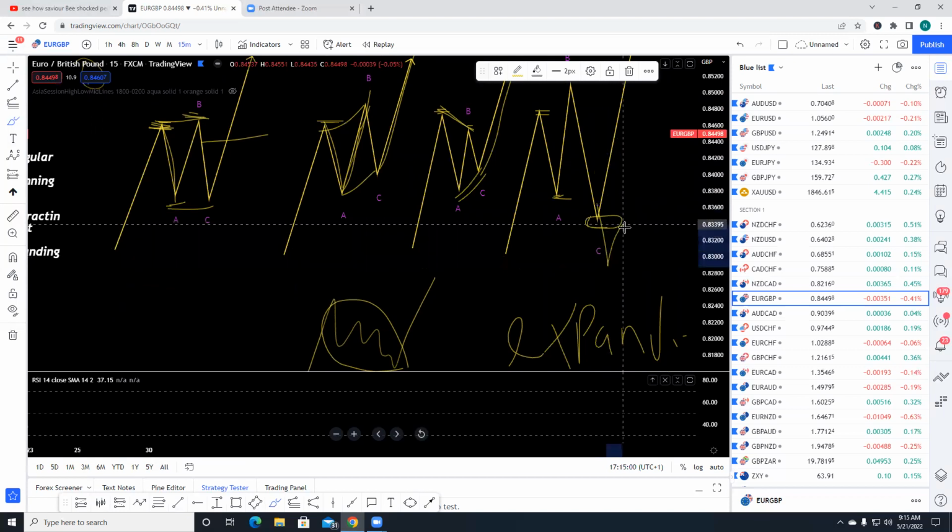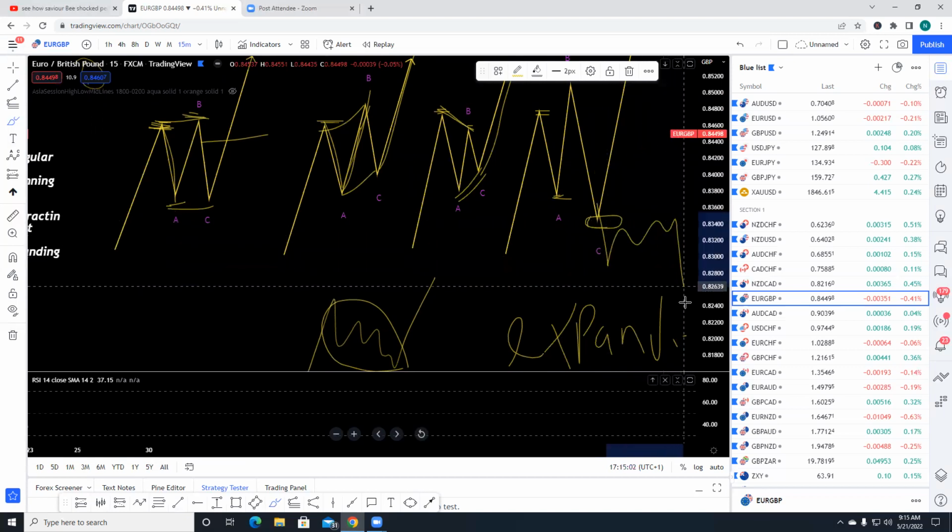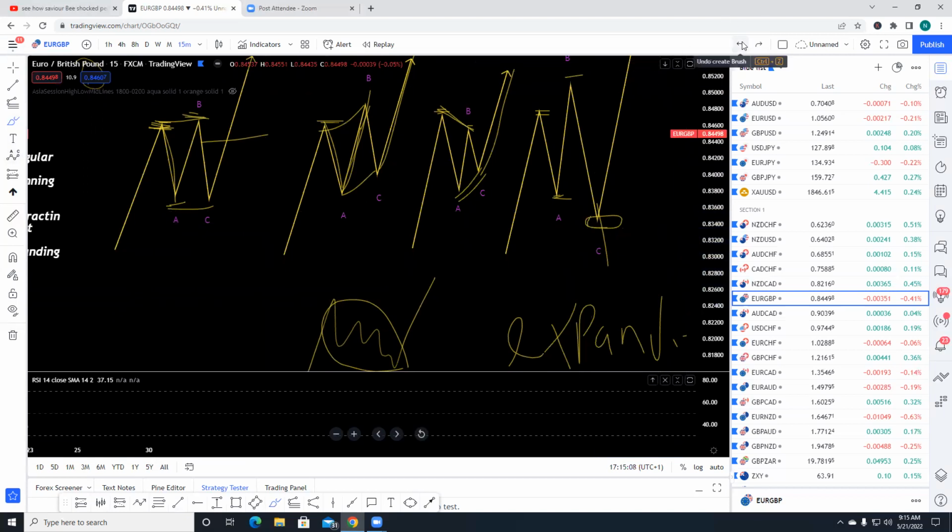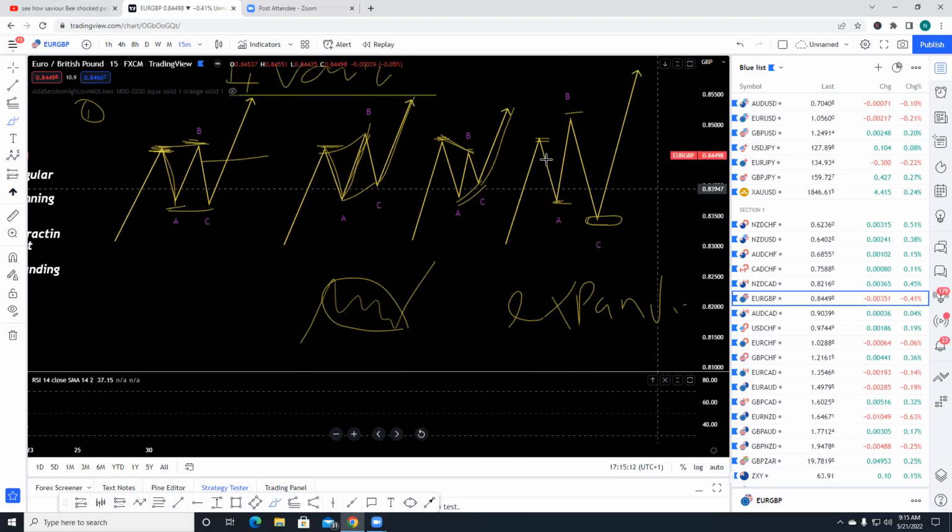Therefore, we will expect a corrective structure here for this to move down. Can you see now? But if it stops exactly at the 1.618 extension of wave A to B and to C, then we know that this is an expanding flat corrective structure. Is that okay, guys?